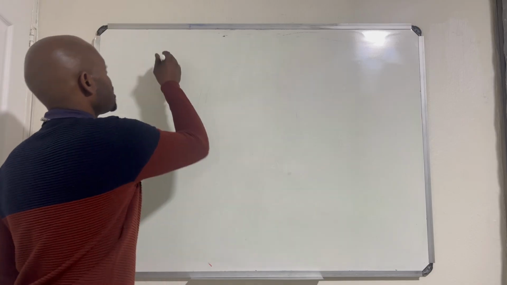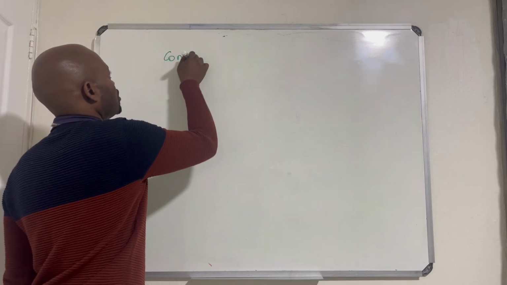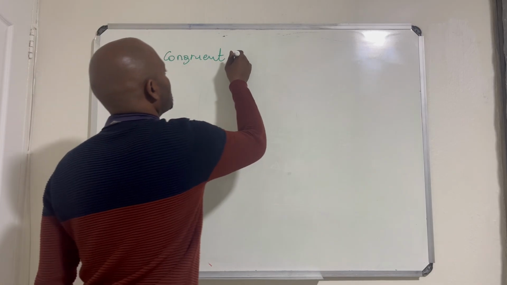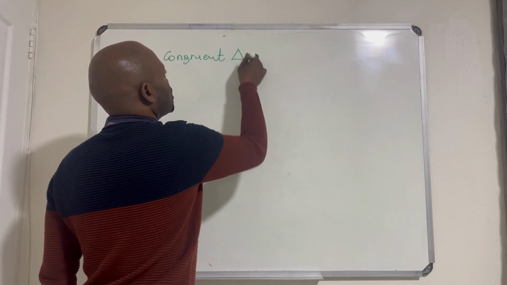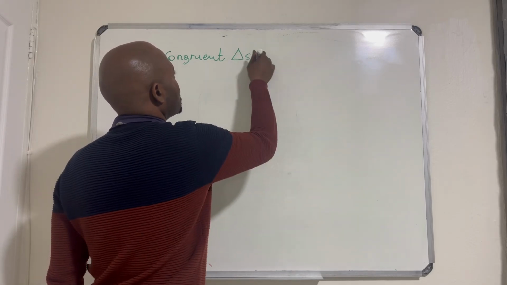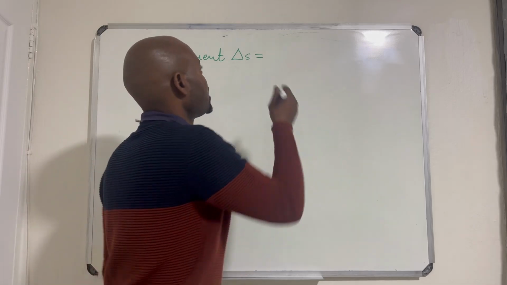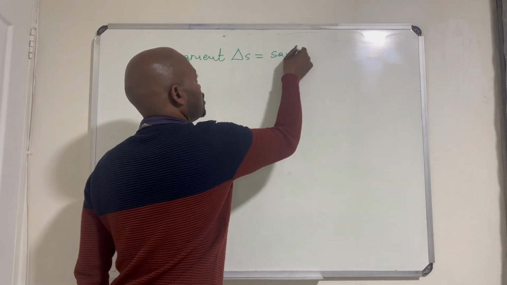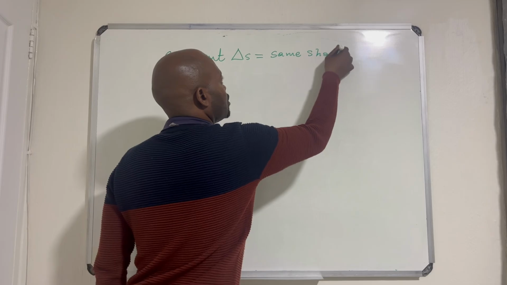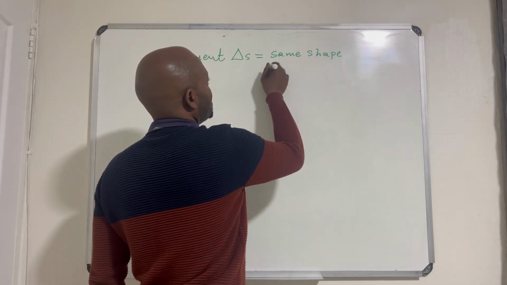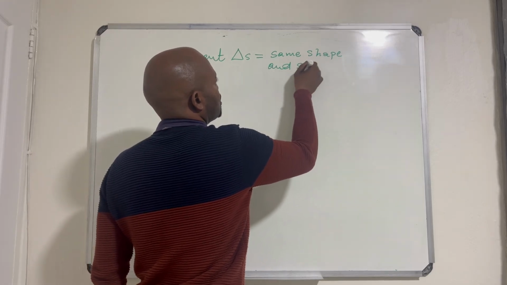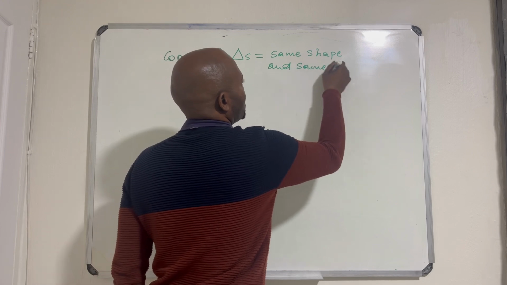Congruent triangles equal same shape and same size.